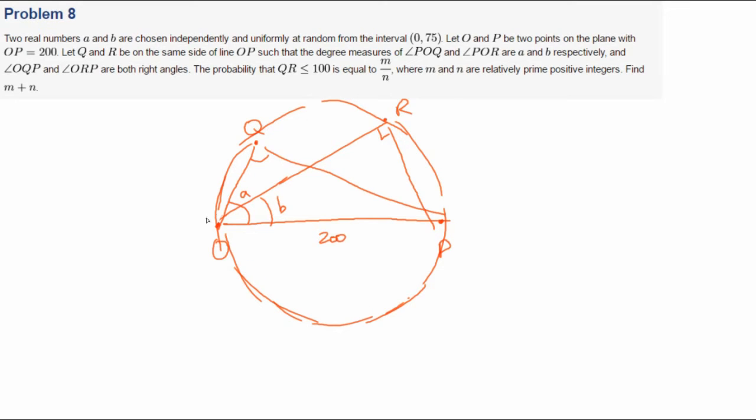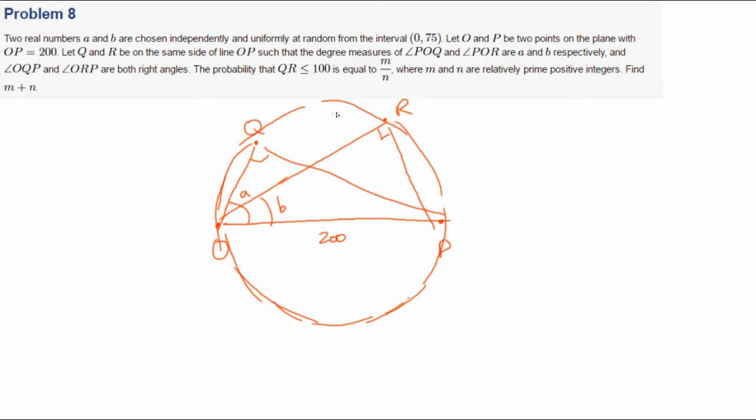Because these are right angles, we can draw a circle around all of this with OP as the diameter, because that's a property that if you connect the diameter to any point on the circle, it'll form a right angle. So once you notice this, it's actually not too bad, but let's keep looking.